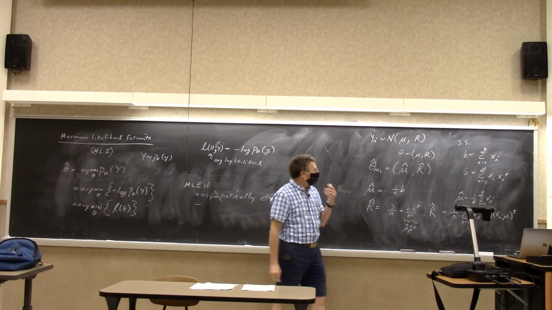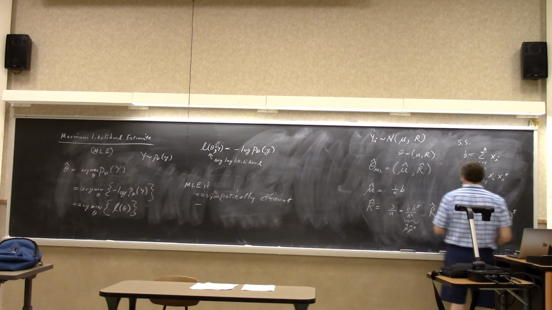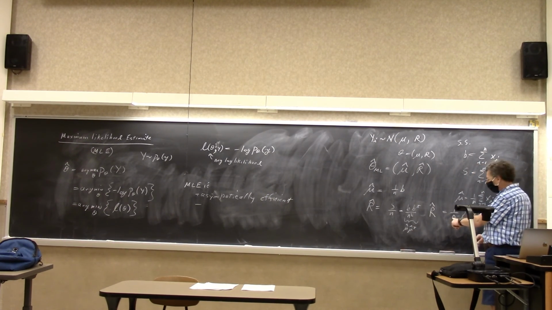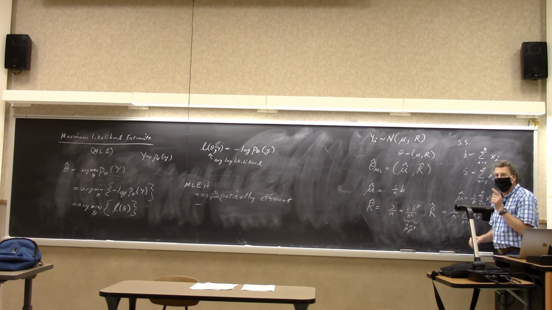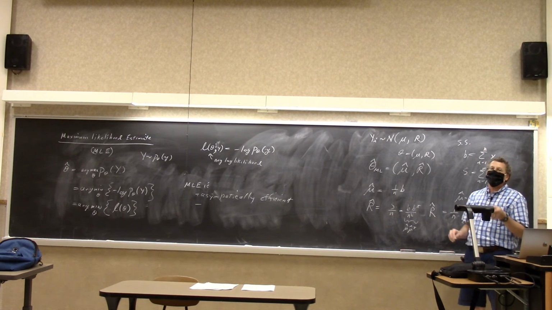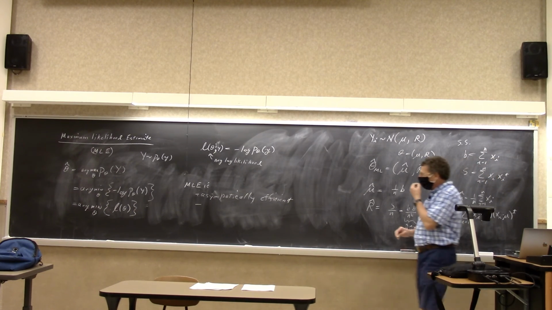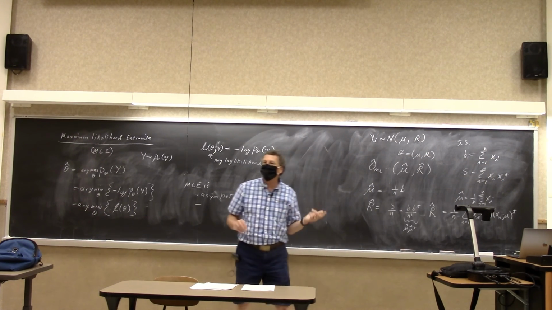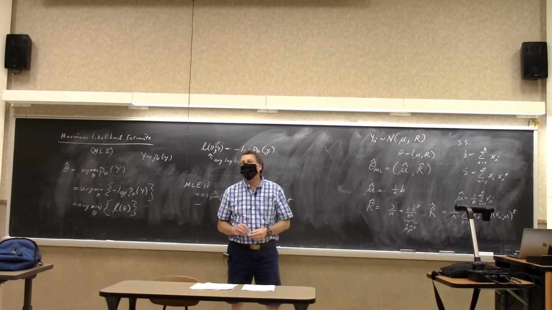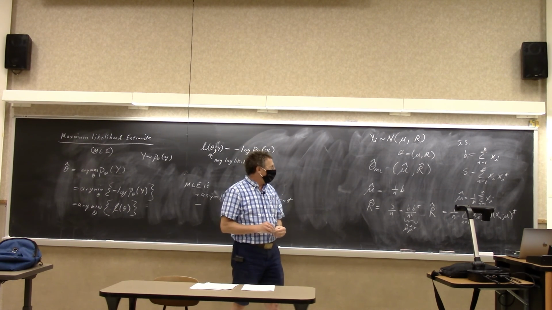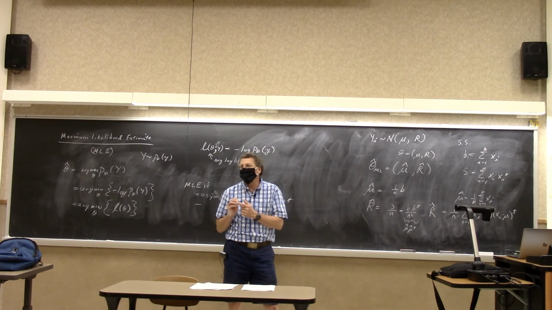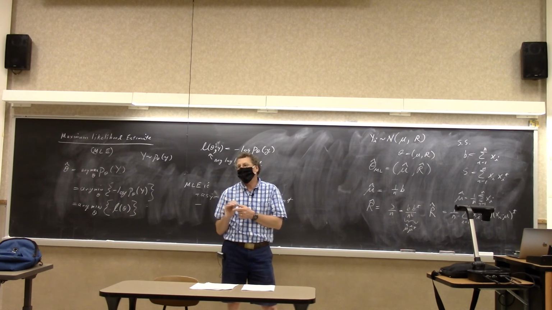So it turns out that if I divide by n, that's the maximum likelihood estimate. But the maximum likelihood estimate is biased. Actually, if you divide by n minus 1, that has uniformly lower variance than the maximum likelihood estimate.